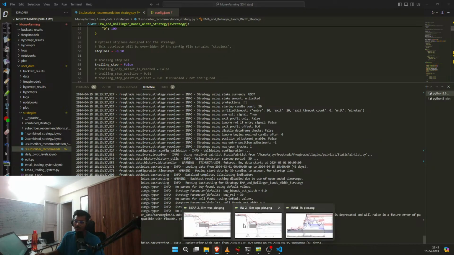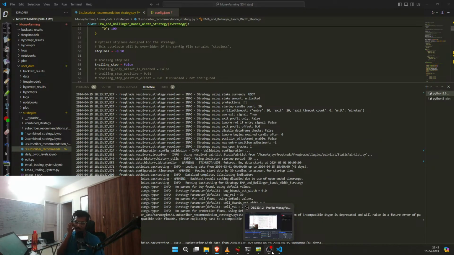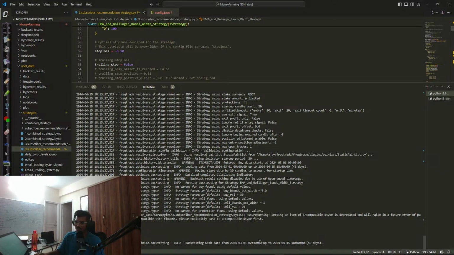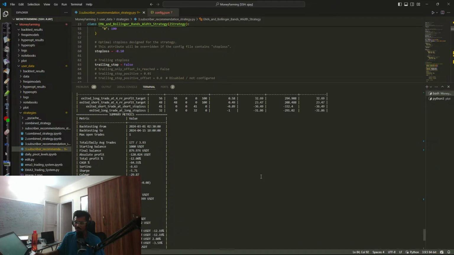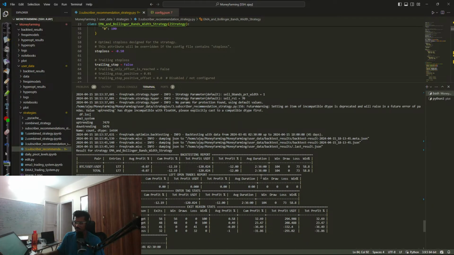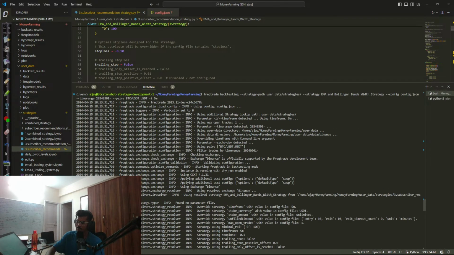Yeah, it's performing way better in the bigger time frame. When you do algorithmic trading, everything comes down to the bigger time frame. Yeah, that's for sure.